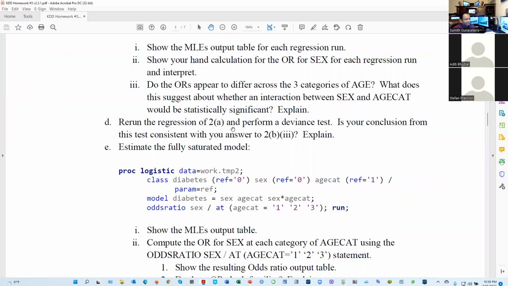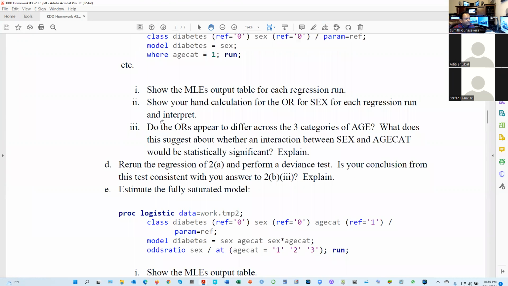So they may ask you to rerun and show how the OR differs across that. What does this suggest about whether an interaction between sex and age cat would be statistically significant? Those numbers, 1.275, did we get those numbers from somewhere? No, I don't think so.